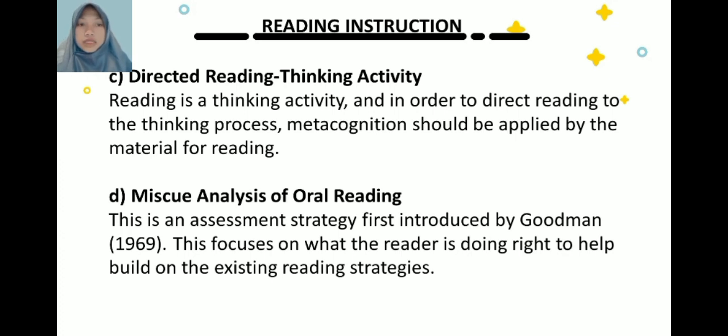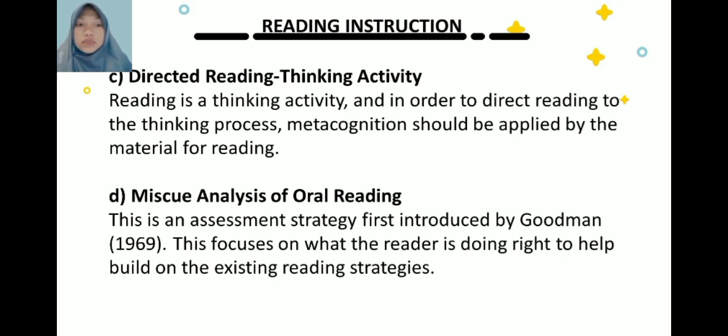The last strategy in reading instruction for the learners with difficulty remembering and focusing is the miscue analysis of oral reading. This is an assessment strategy introduced by Goodman in 1969. It focuses on what the reader is doing right to help build on the existing reading strategies. If the learner is reading, it is possible to commit an error or mispronunciation.